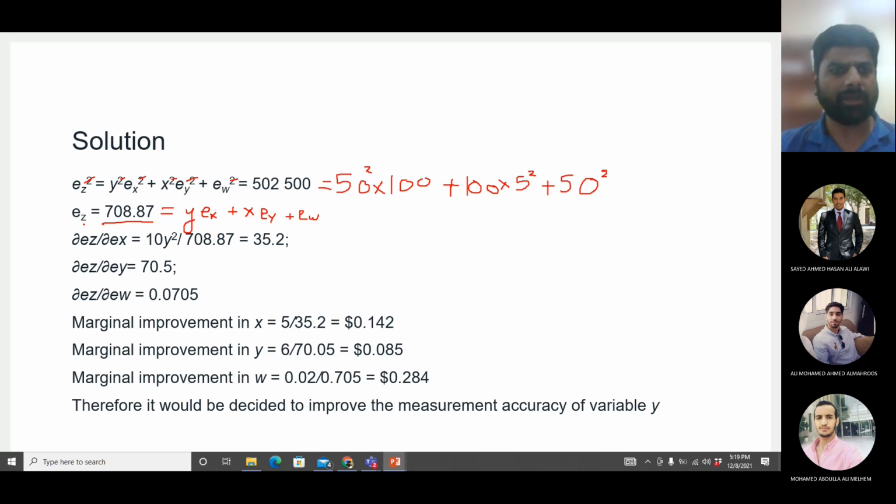Then if you do the partial derivative of EZ with respect to EX, you will get the value of EX, which is 10, and this will become 0. Okay, why do we have square here?